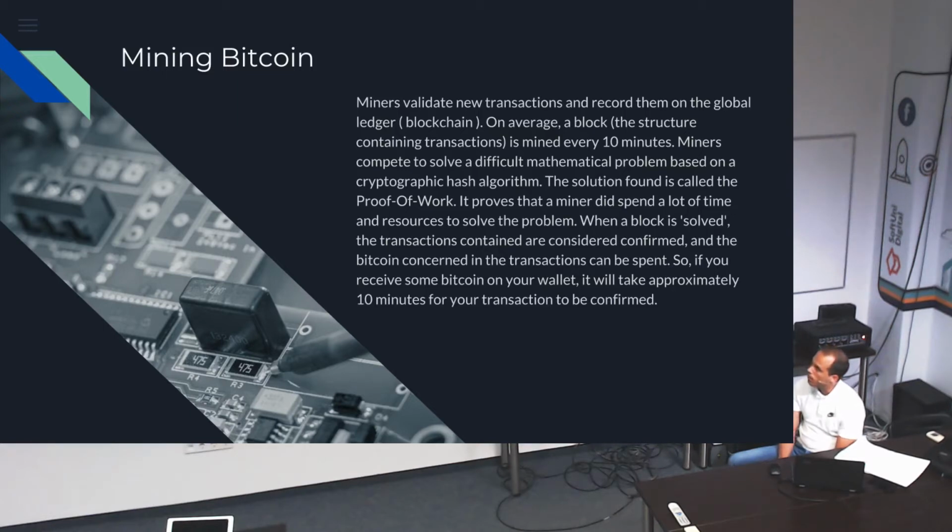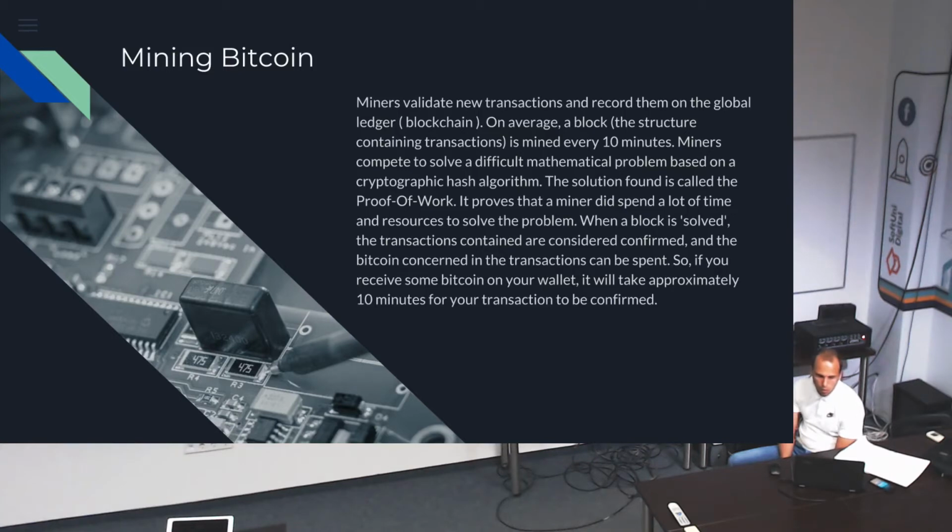A valid answer here is a hash provided by the miner with a fixed number of leading zeros. It's really hard to find a string, a number, that when we apply SHA-256 on it gives a string with a fixed number of leading zeros at the very beginning.